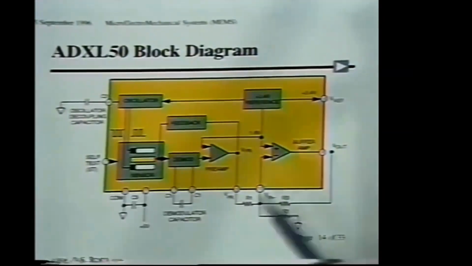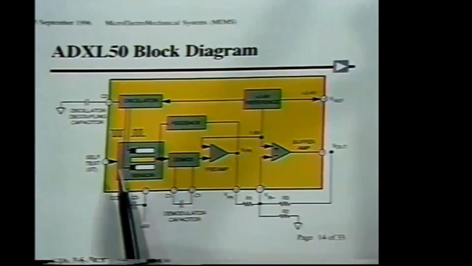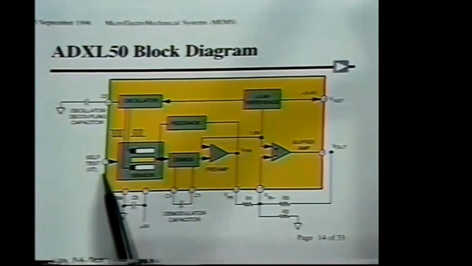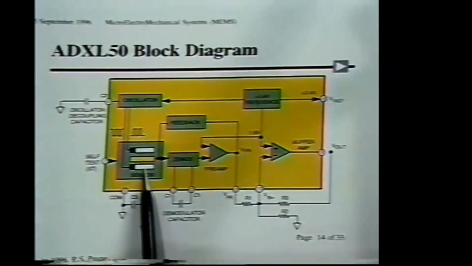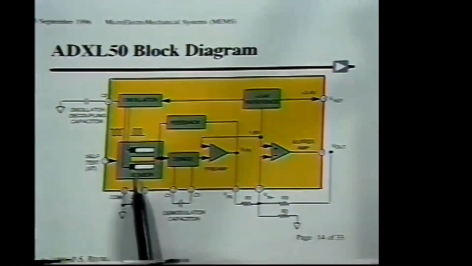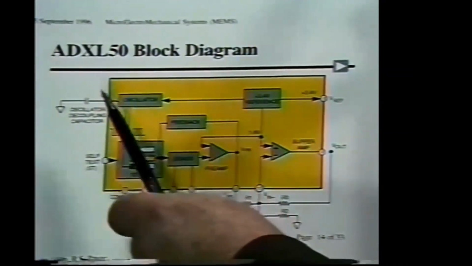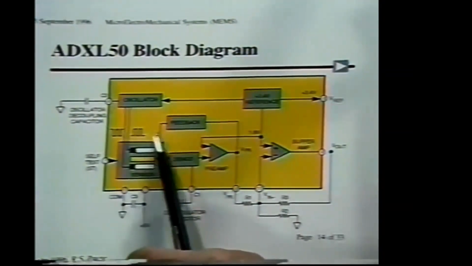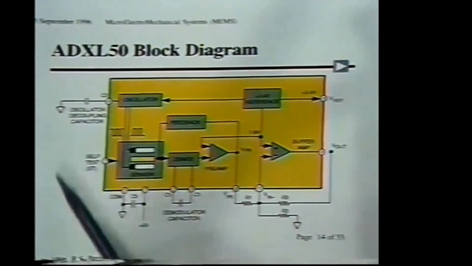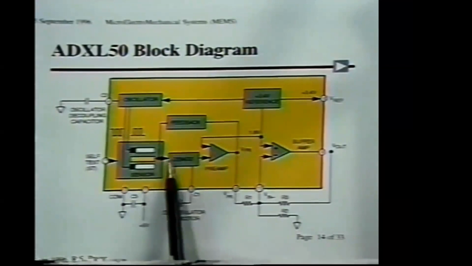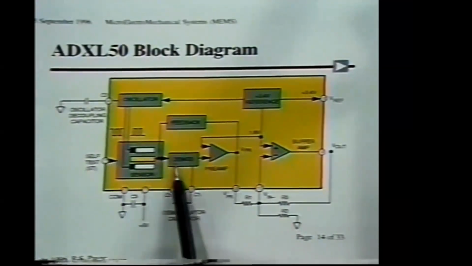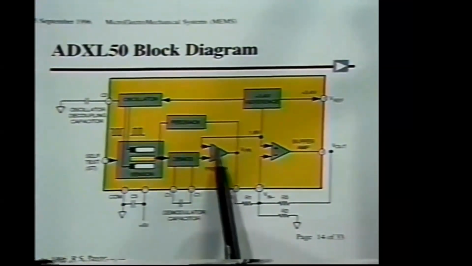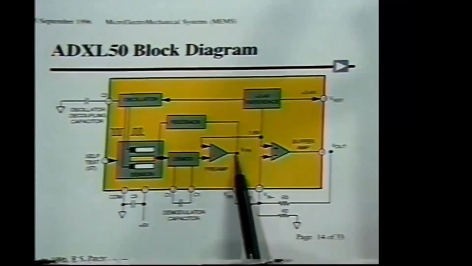Since it's capacitive with electrostatic capability, you can actually create motion with the voltages. So we can create an electrostatic self-test function that's on the sensor itself. There's an oscillator and a carrier generator that creates the signal I described on the last slide. It actually goes through a demodulator, a buffer amplifier, and there's a calibrated output at a place called VPR.